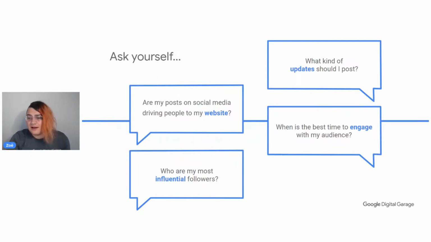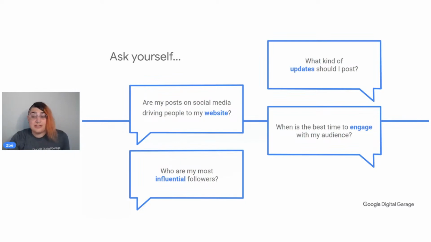So things that you can ask yourself. Number one, what kind of updates should you be posting? That's a really important question. What should you be posting? And that's probably the fundamental reason why most people make a social media strategy, is to learn what you should post. Are your posts on social media driving people to your website?